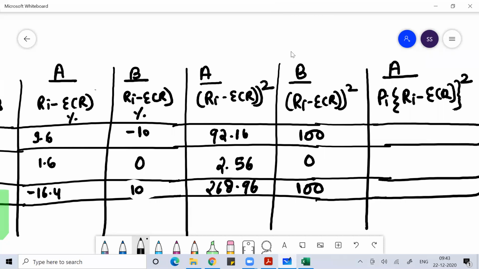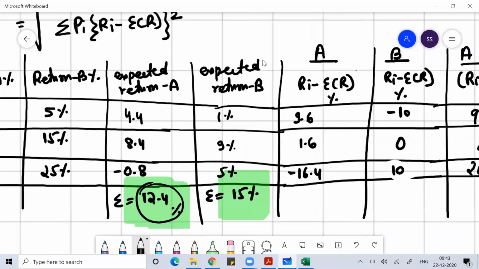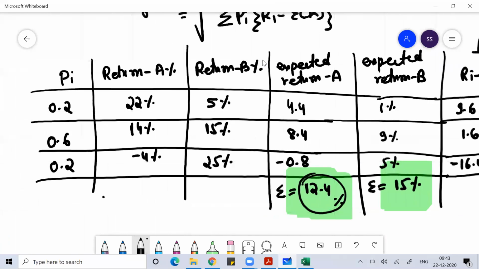Expected return total is 12. Which one are you telling? Calculation mistake is there. You are telling for A, Yogeshwari, is it?